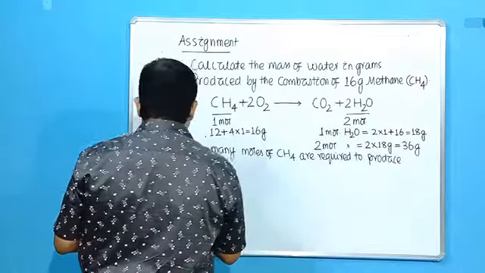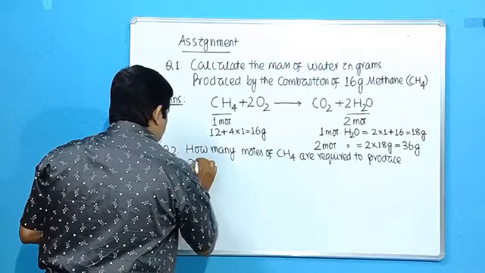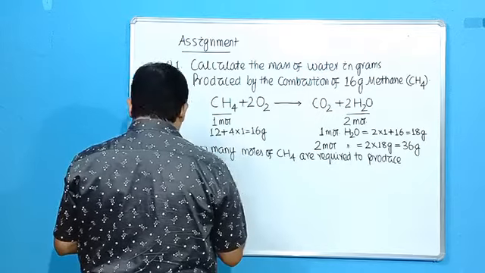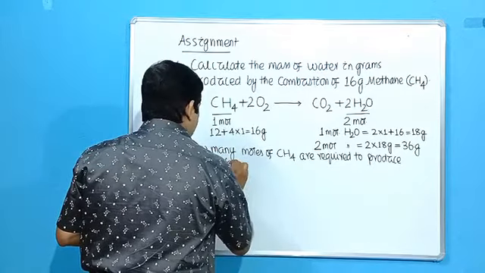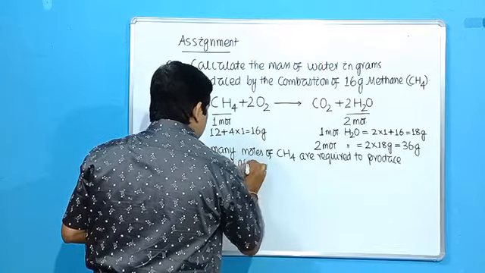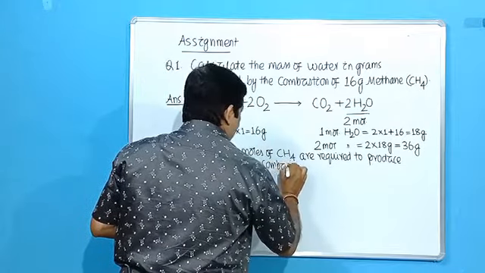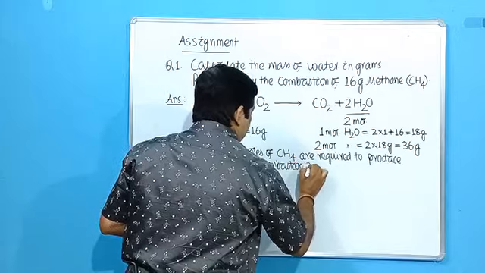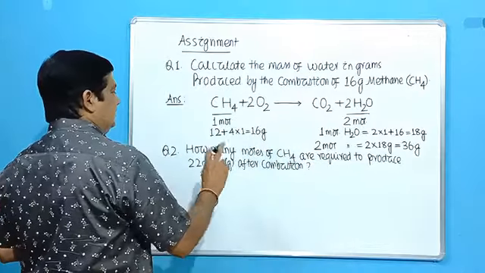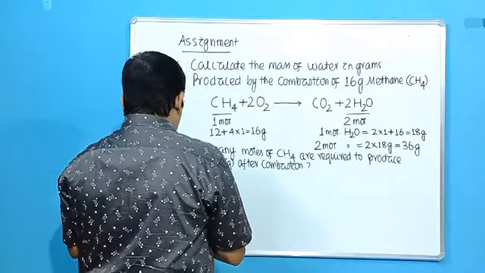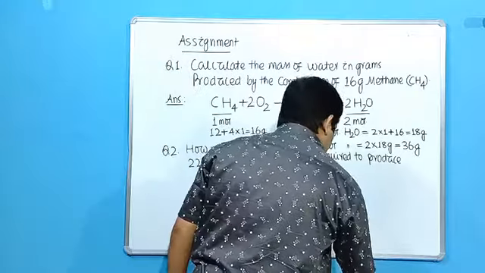So this is the question for you. How many moles of methane are required to produce 22 gram of carbon dioxide after combustion?